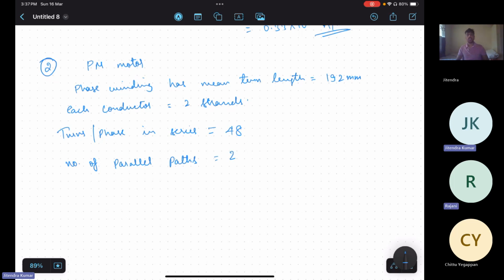In the permanent magnet motor, we can have a number of parallel paths. We can have number of turns we could design accordingly.